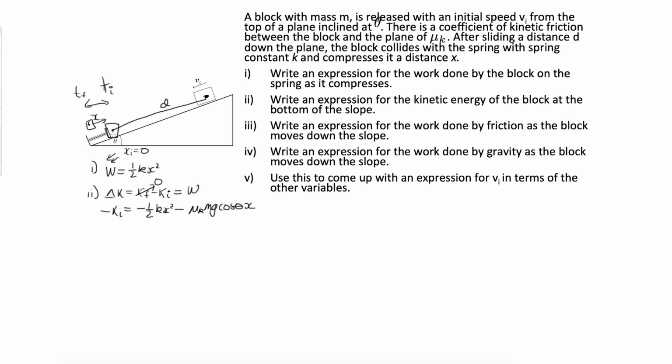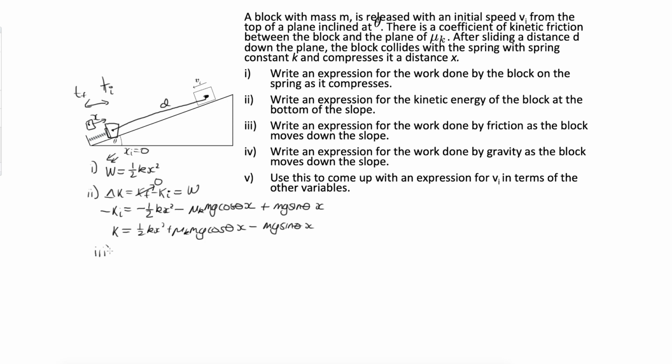And then we've got the weight force, which is pulling it down the slope as it moves down the slope. So that's going to be positive. So that's mg sine theta times x. So we're trying to get an expression for the kinetic energy. This is the negative kinetic energy. So the kinetic energy is given by a half kx squared plus mu k mg cos theta x minus mg sine theta x. So that's the kinetic energy it has before it compresses the spring.